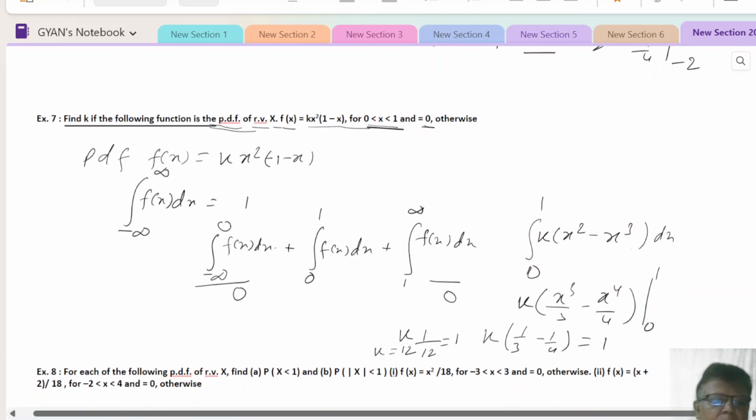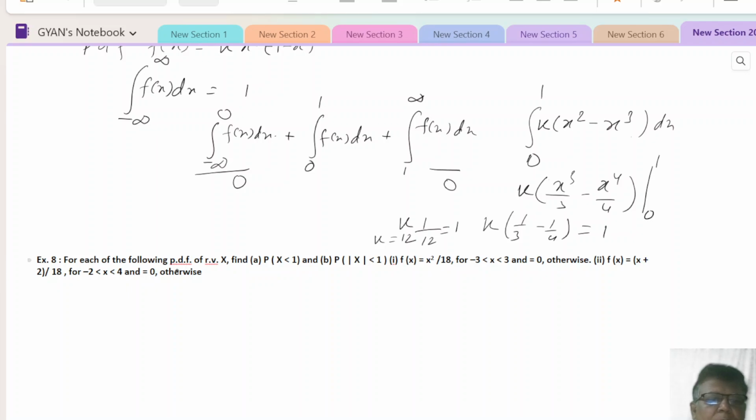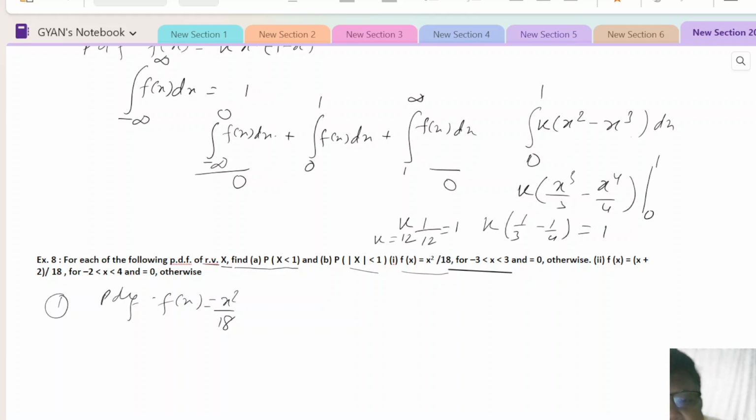Now come to question number 8. For each of the following PDFs of random variable x, find P(x less than 1), where f(x) is defined between minus 3 and plus 3 and 0 otherwise. So the first PDF is f(x) equal to x square by 18, defined between minus 3 and 3, otherwise 0.